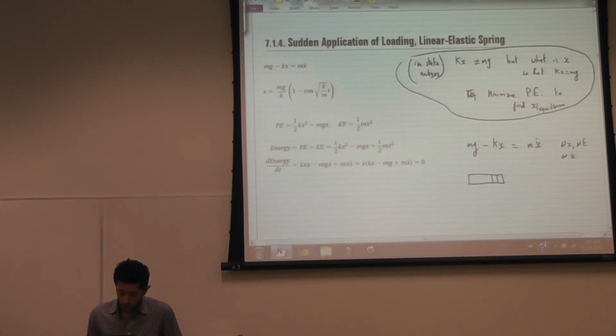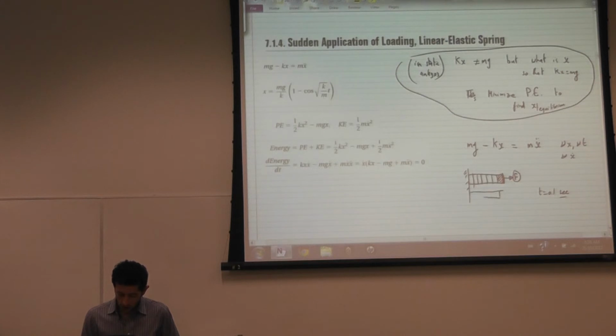Let's say you have a few elements, and you're doing a dynamic analysis where you're applying a force here. I know this force, I know the mass of this element, I know the acceleration of this face at a time t equals 0.1 seconds, for example. I know where it has moved.